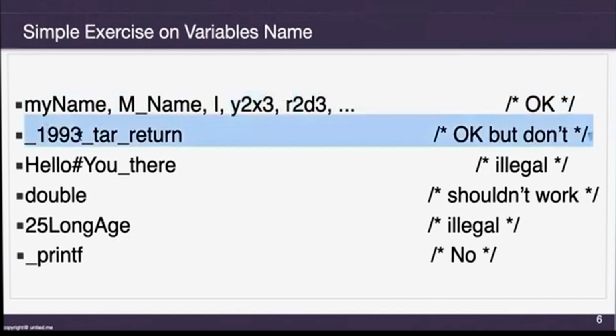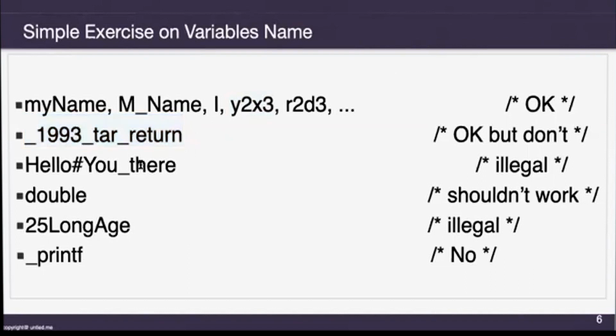But if we come here, it is starting with an underscore, and it is a combination of digits and alphabets. So it is okay to write, it is not problematic, but as a programming guideline, we try to avoid writing these types of names.